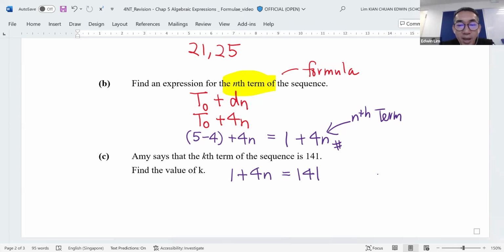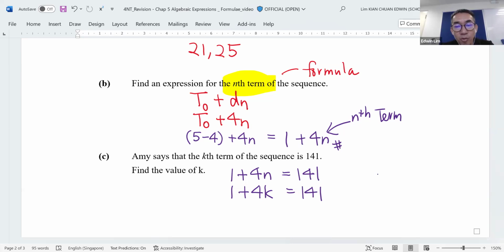But instead of n, they ask you 1 plus 4k equals 141. So now we are back into equation. That's why I always say, things that you want to find, always keep it at the left hand side.